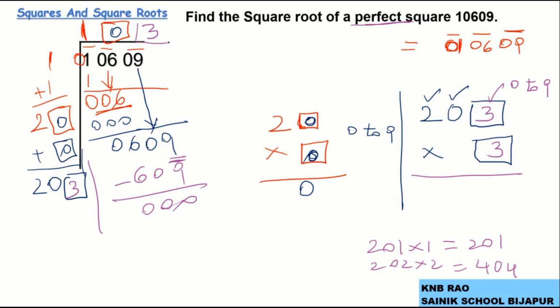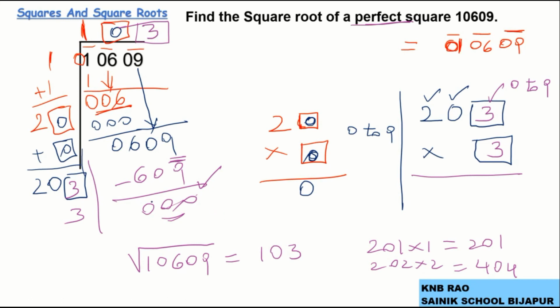Whereas I have a box here first drawn. So once the given number is a perfect square, square root of the number 10,609 is 103. That I can say by watching whether I got remainder 0 or not.